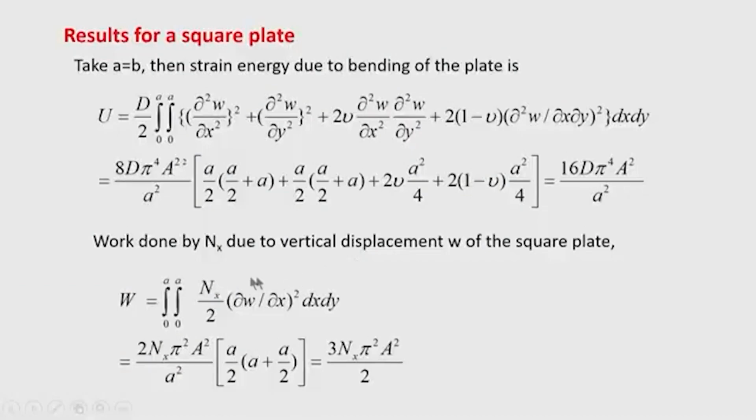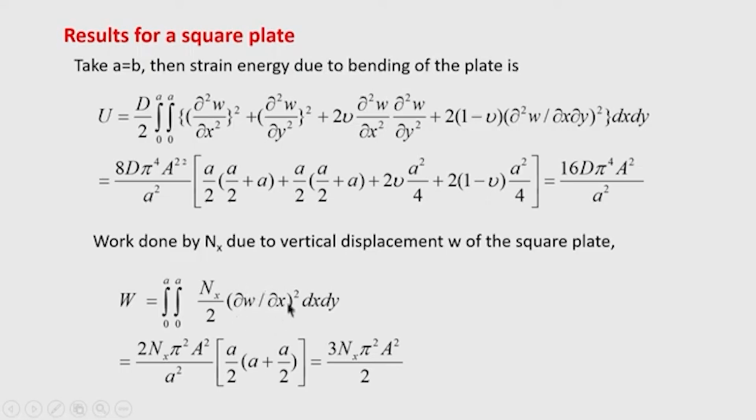Now, let us calculate the work done due to the membrane force, the in-plane force or direct compression, that is Nx. Nx is applied along the x direction, and we know the expression for the work done due to membrane force: Nx is double integration 0 to a, because this is a square plate, Nx by 2 into del w by del x whole square dx dy, because this represents the work done by membrane forces due to vertical displacement of the plate.